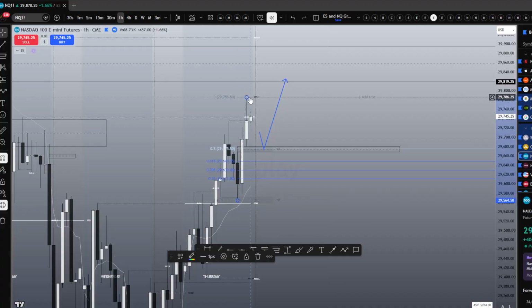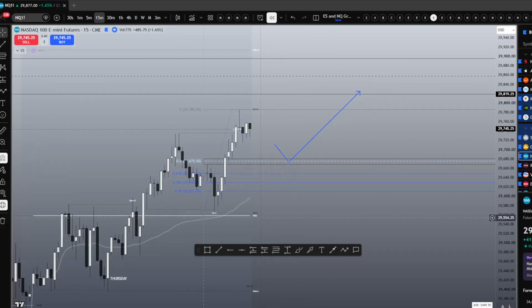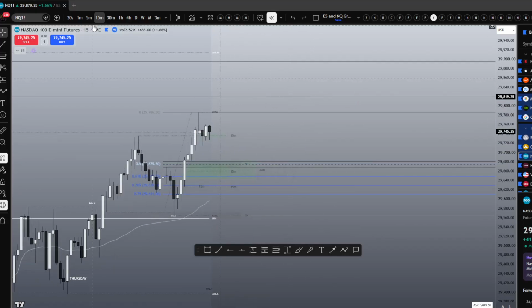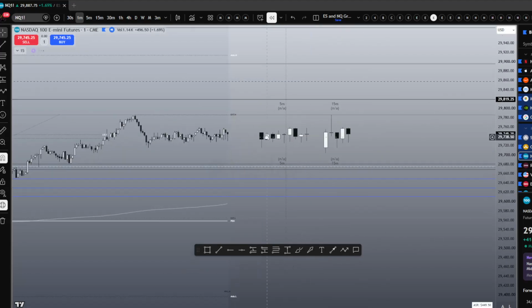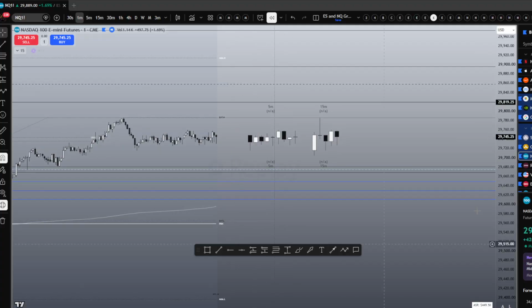If I use the swing high to the swing low, it lines up with EQ of the 1-hour gap. And actually, yeah, so this is a point where we can potentially bounce off of based off of equilibrium and OTE. So let's get right into the charts.